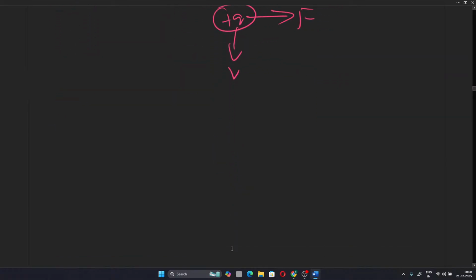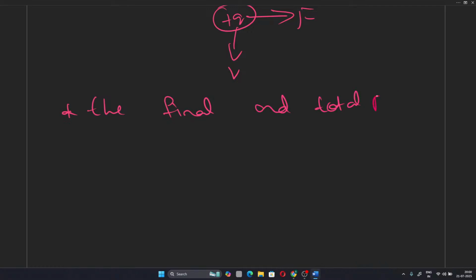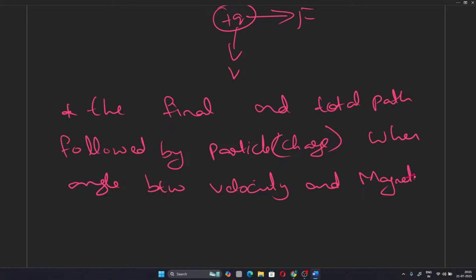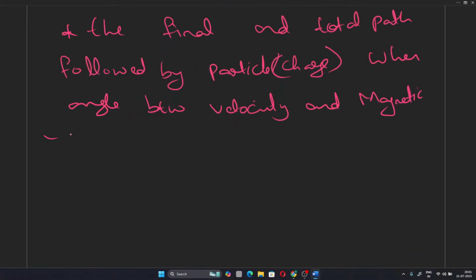Due to that, the final and total path followed by the particle, or charge, when the angle between velocity and magnetic field is 90 degrees, is as follows.